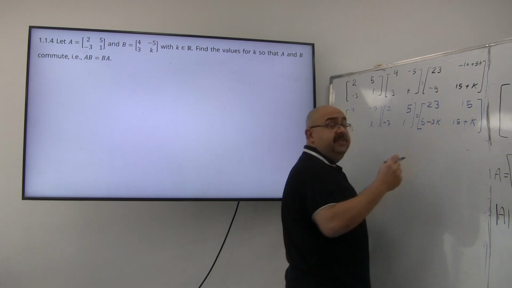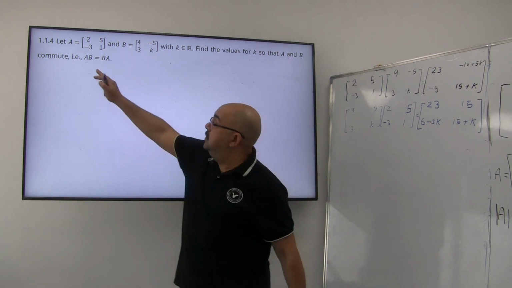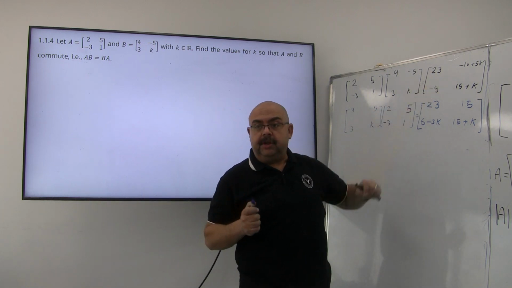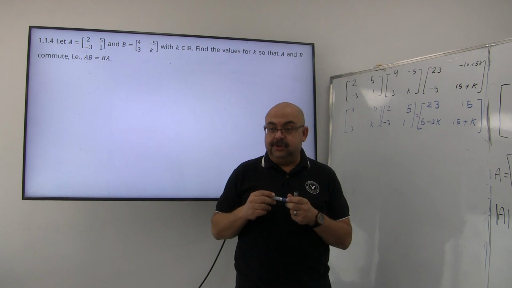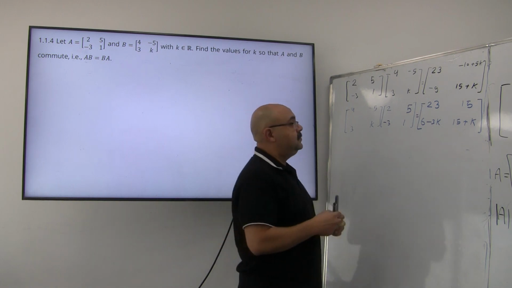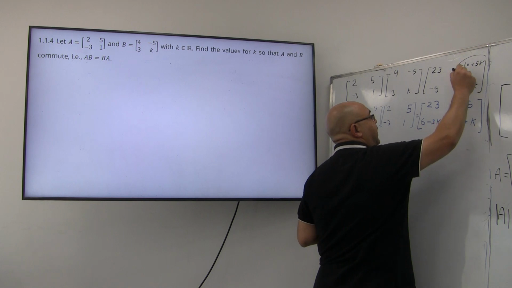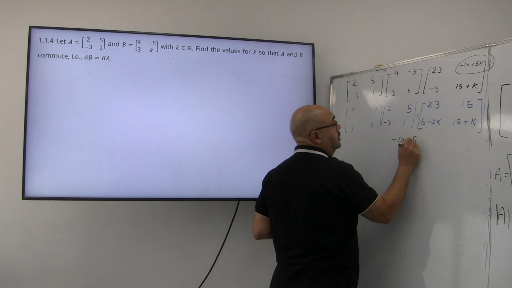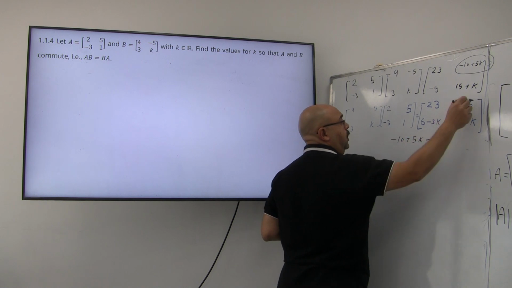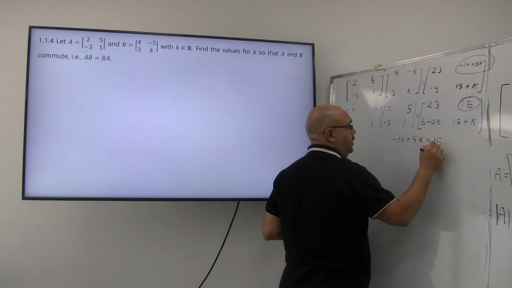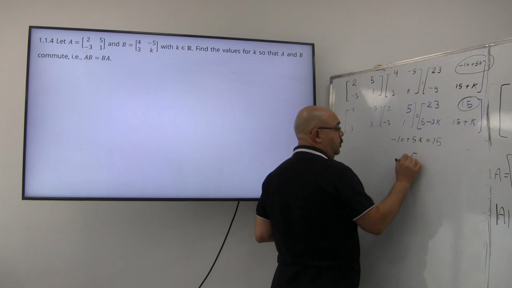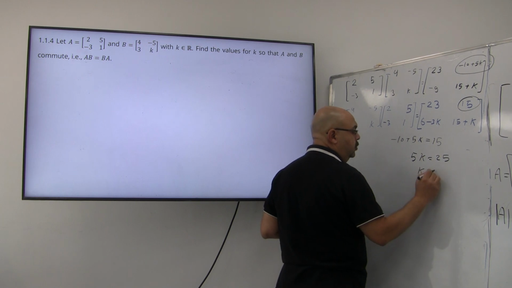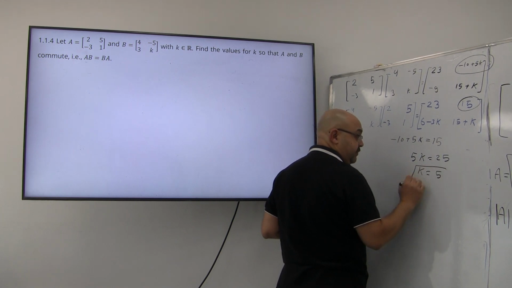If both of them commute, these two matrices are supposed to be equal to each other. So -9 equals 6 minus 3k, and -10 plus 5k should equal 15. So 5k equals 25, which leads to k equal to 5.